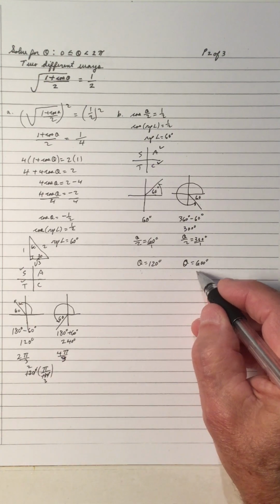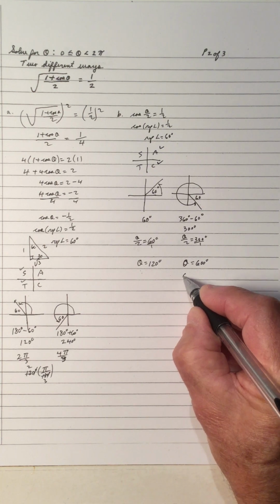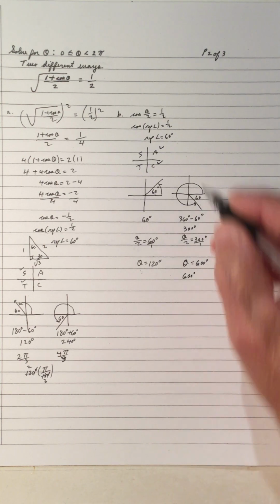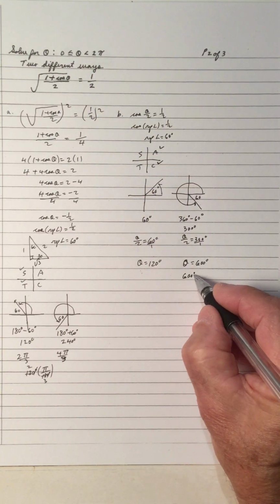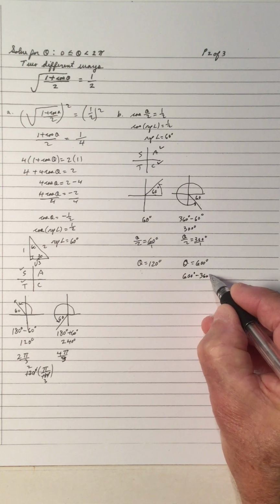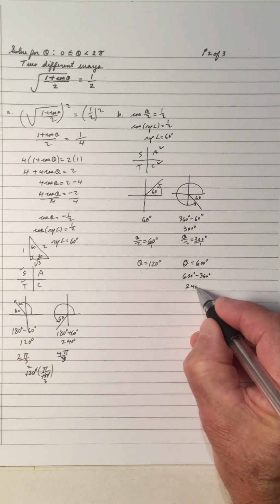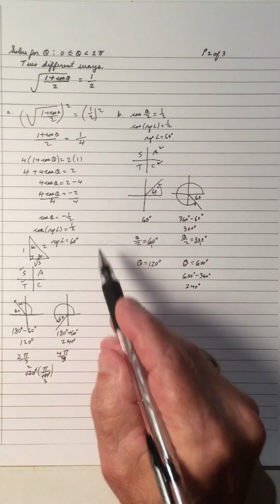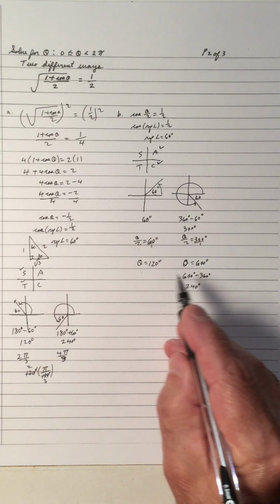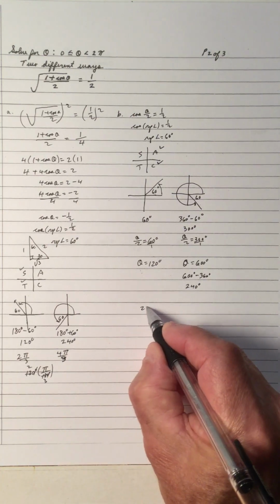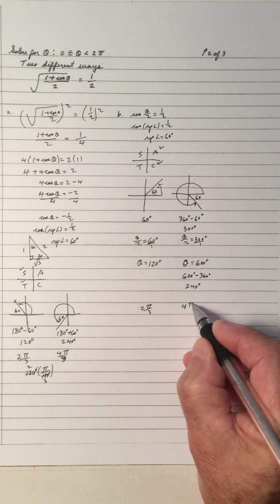But 600 is too large because we need between 0 and 360. So 600 take off 360 is the 240, which is what we have right here. So we got 120 and 240, and 120 is 2 pi over 3, and 240 is 4 pi over 3.